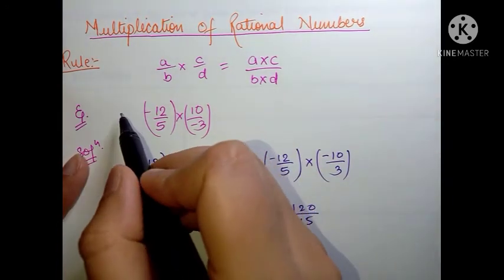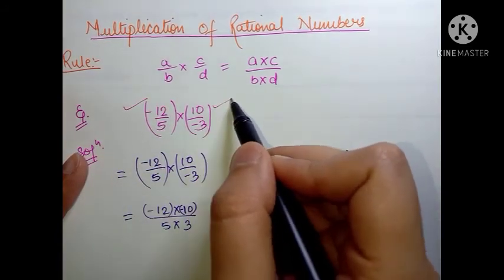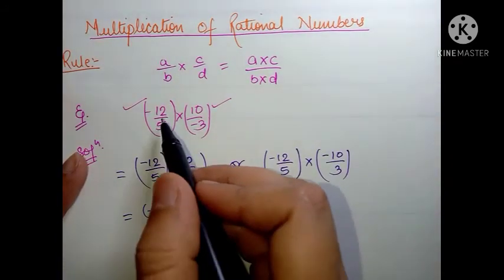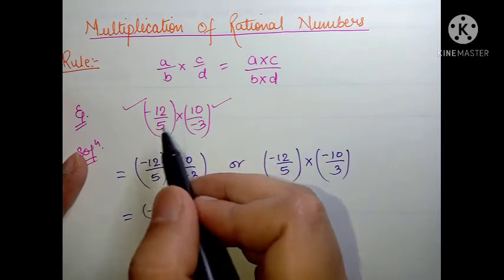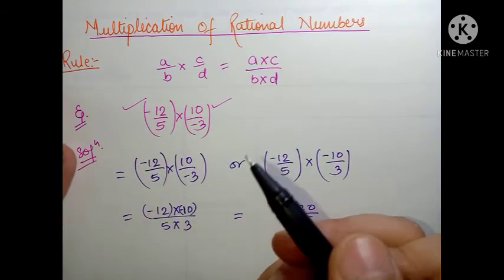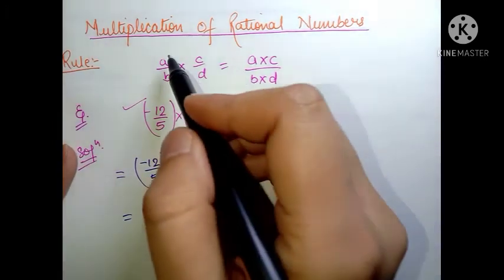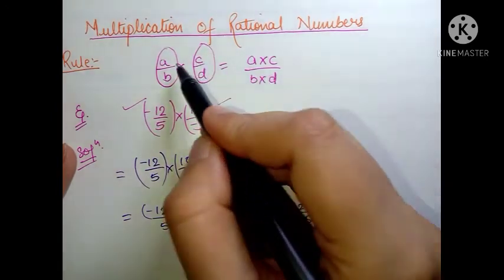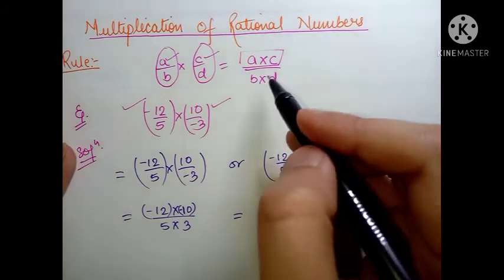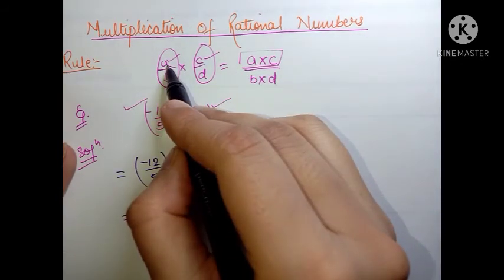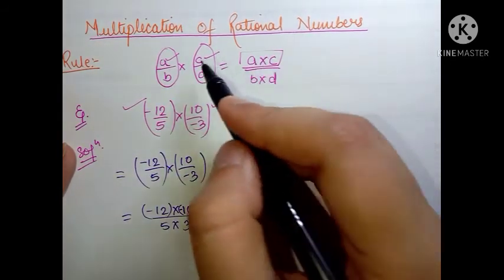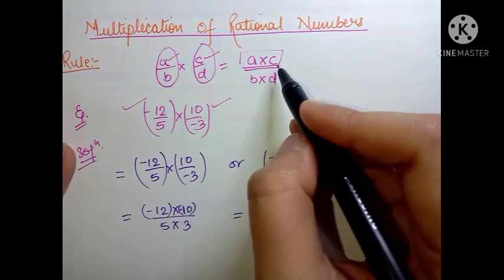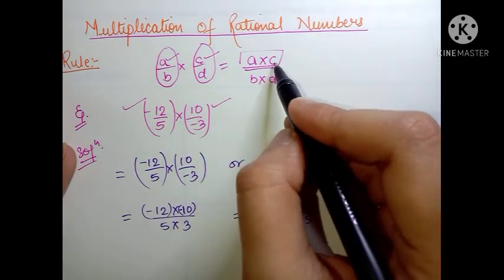So here we have one rational number, here we have another rational number. Both of these rational numbers have numerators and denominators respectively. So what does the rule say? If we have one rational number and a second rational number, we are going to multiply their numerators. So here A is the numerator in the first one, so written here, and C is the numerator in the second one, so we have written here, and we have multiplied them.